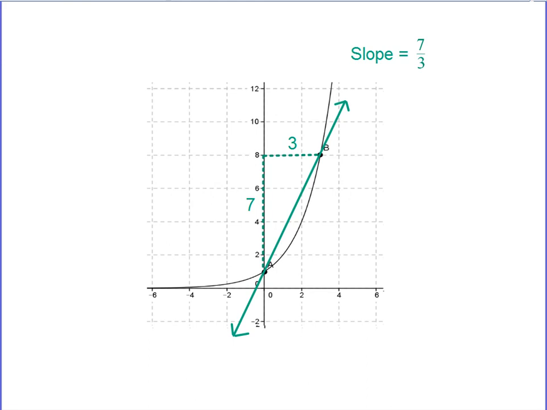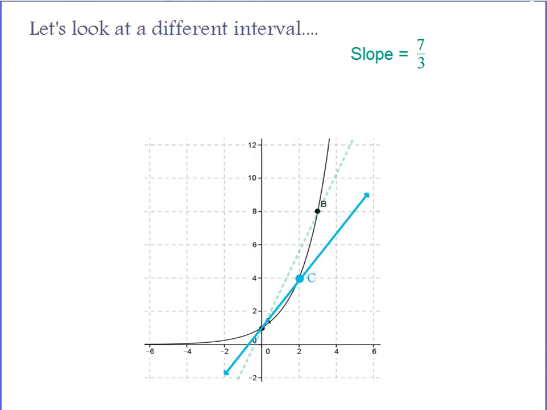What if I added a third point, point C, and drew a secant line through points A and C? And since C is where x is 2, we're talking about the interval from 0 to 2. From points A to C, we go up 3 units and to the right 2, so our blue line has a slope of 3/2.